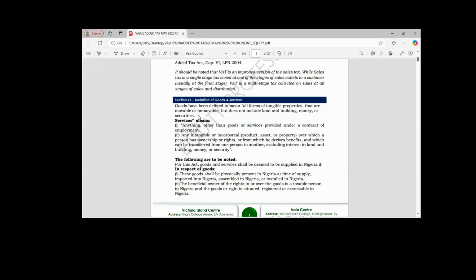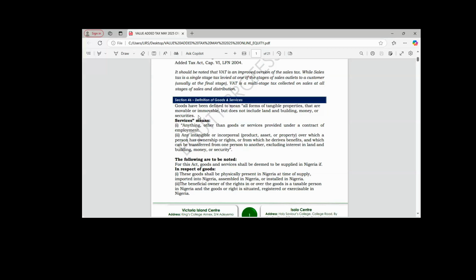Before now, the tax law was ambiguous because the tax law did not distinguish that. But now the tax law has specifically excluded any land and building. So you are not going to be charged any VAT.